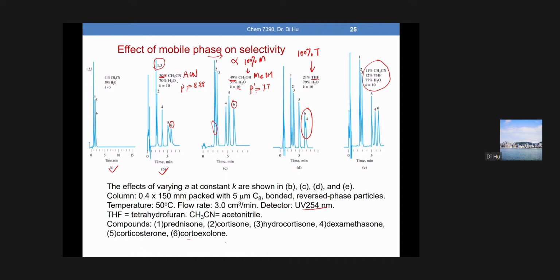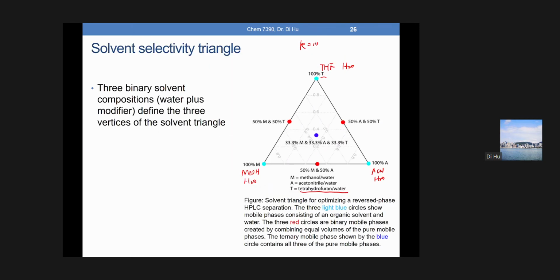And 100% A is 30% of ACN and 70% of water.